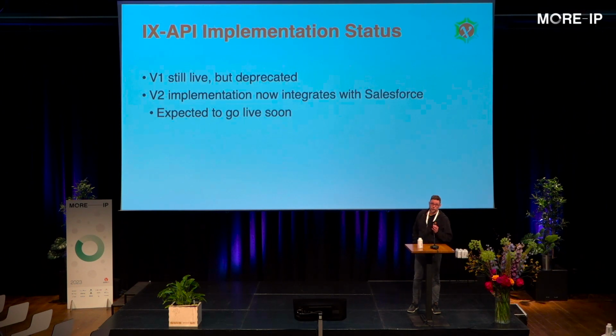The next thing is, what is the implementation status? I can only speak for what we do at AMS-IX. There is still an IX API v1 that is live, that is based on our AMS-IX API stack and is deprecated, and for the v2 implementation we've been working really hard for the past months to integrate that with Salesforce, because as you know we have this migration from the legacy CRM system to Salesforce.